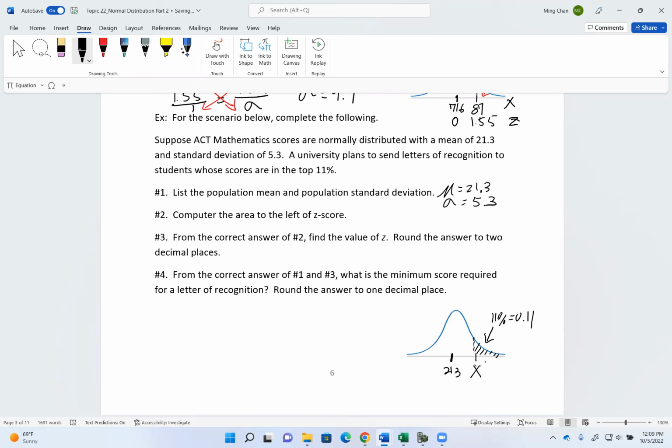So the top 11% is to the right, so to the left of my z-score that I'm going to find will be 1 minus 0.11, which is 0.89. All right, so to find the z-score, inverse norm, area to the left, comma 0, comma 1. That will give me the z-score for that score I'm looking for.